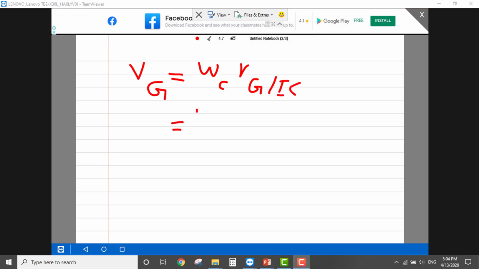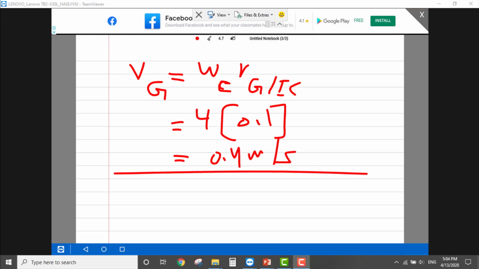So omega of the disk C equals 4 multiplied by the distance, which is the radius 0.1, and the centroid velocity equals 0.4 meter per second.